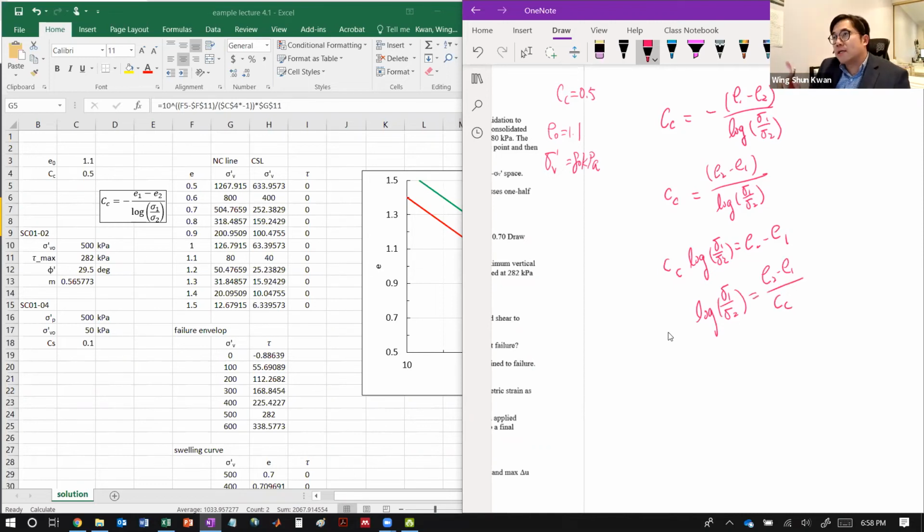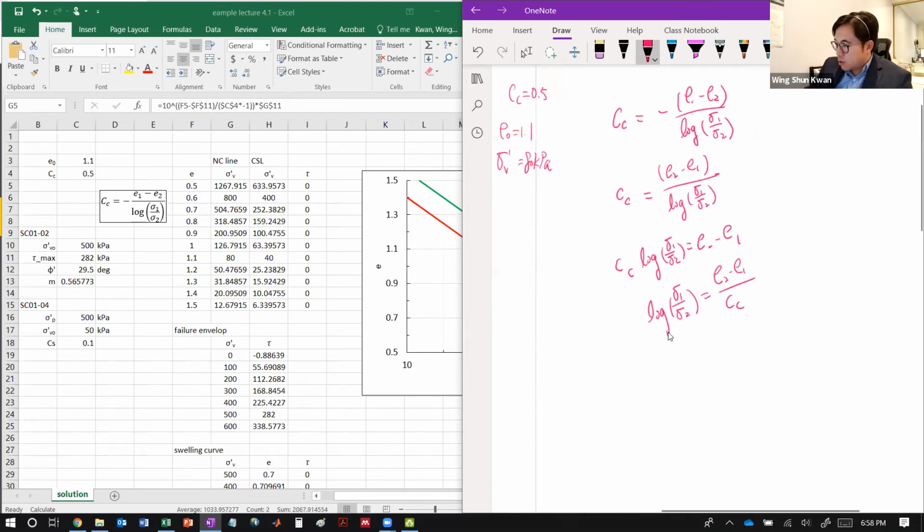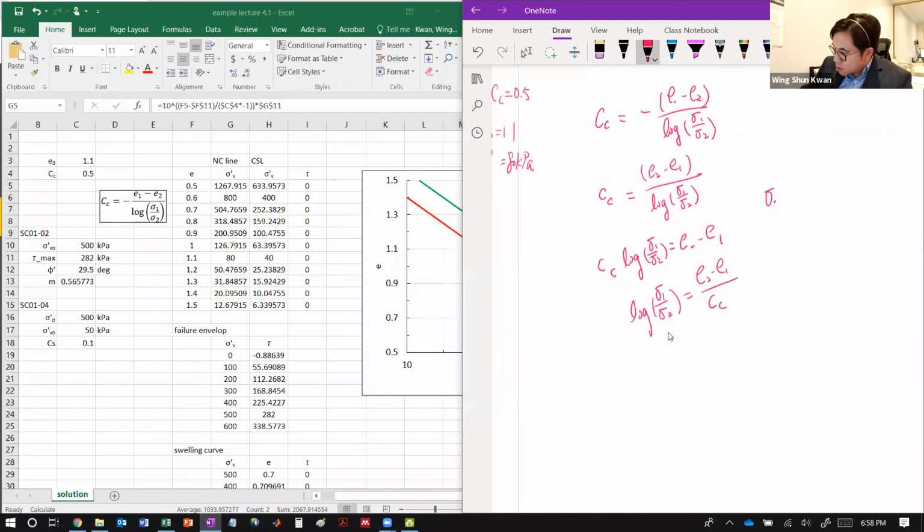The whole idea is we want to solve for sigma 1. We can assign sigma 2 to be 80 kilopascal. We know the point, and the corresponding e2 is 1.1. We know Cc is 0.5. So looking at these equations again, we try to solve for sigma 1.